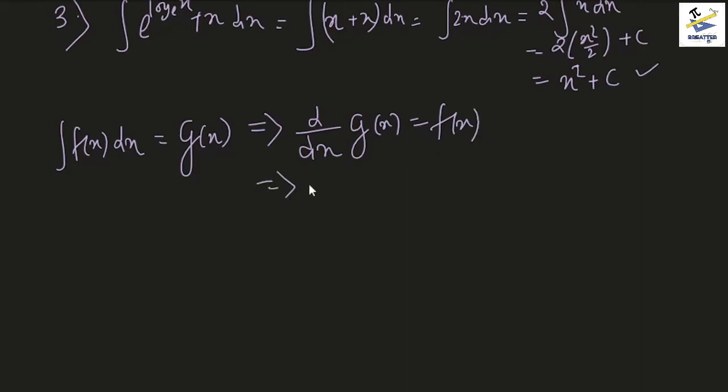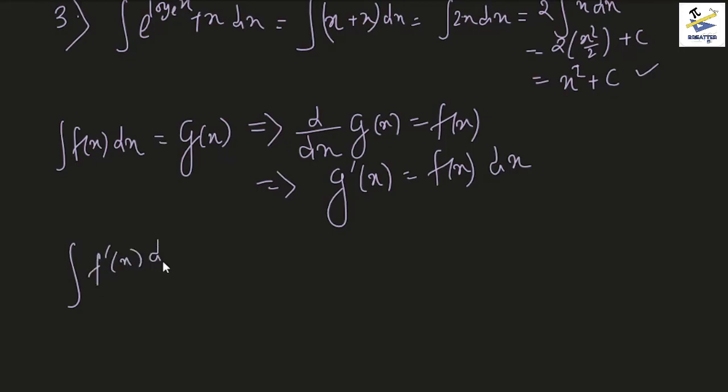Or in other words, there exists a function g(x) such that g'(x) equals f(x). This also means that when you have an integral of a differentiation, that is, if you have the integral of f'(x) dx, where f'(x) is already the derivative of f(x), it would just give you f(x) back. This is what integration means, because it's just the opposite of differentiation.